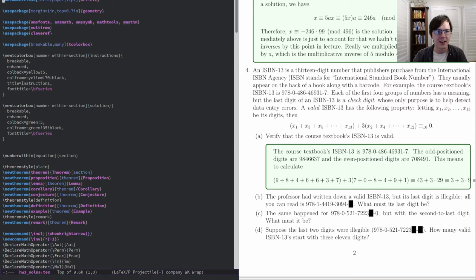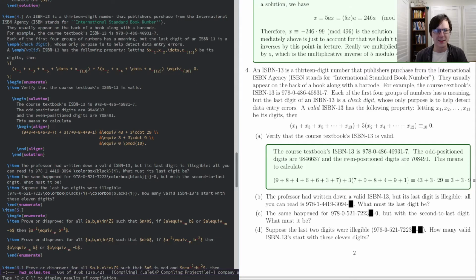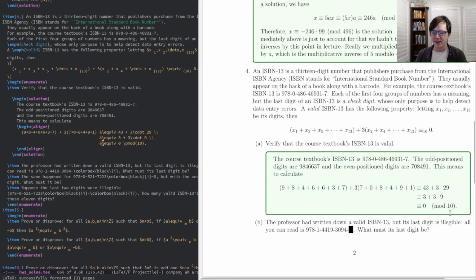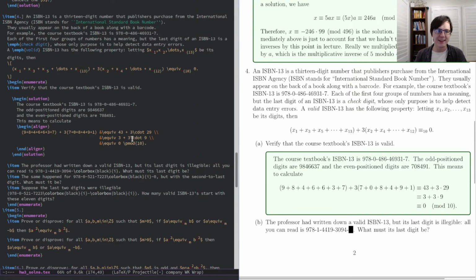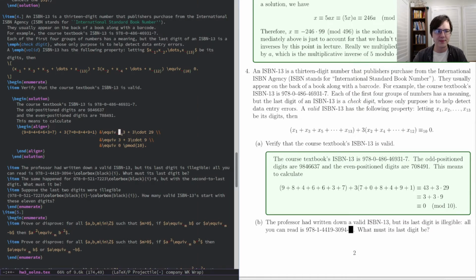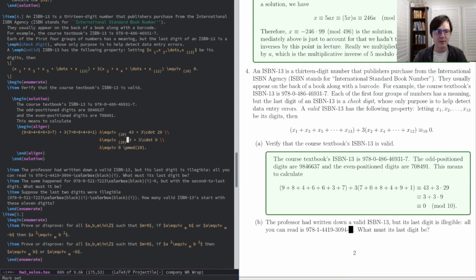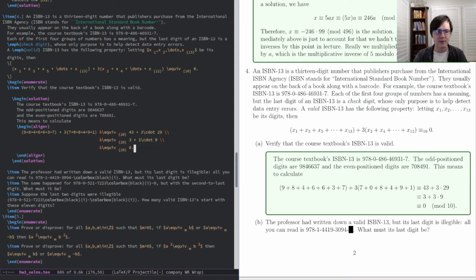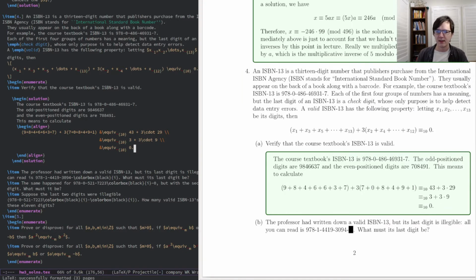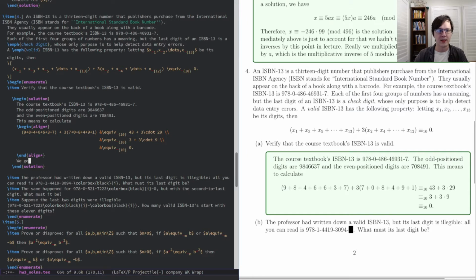That's what adds that environment. Probably don't even need to worry about it. Most templates start with it. Maybe that's a reason not to do it that way. Okay. We got 0 modulo 10, so the ISBN 13 is valid.